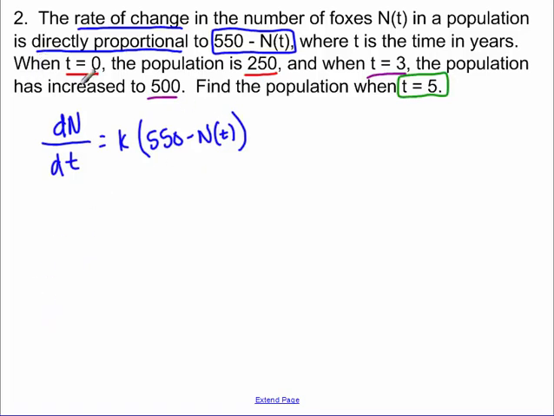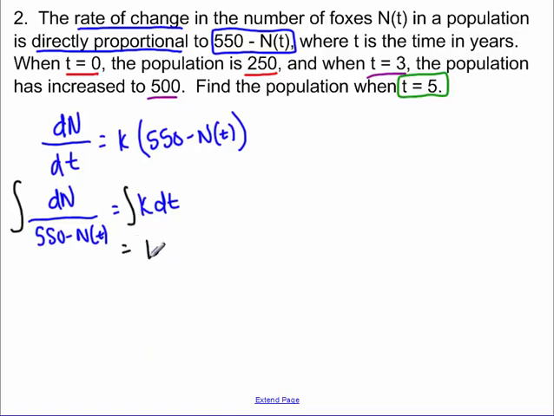Okay, we need to solve this differential equation. So let's go through and separate our variables. And then I want you to go through and integrate. The right side is easy. Don't forget your plus c.